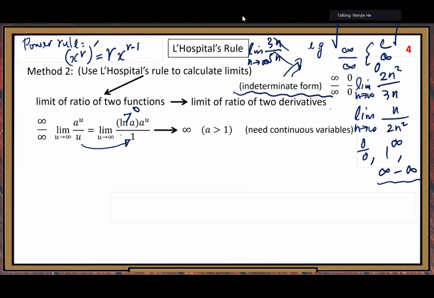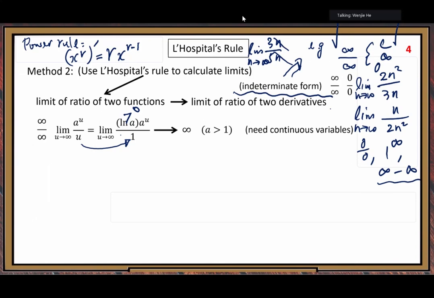Second, I talk about continuous variable. Let me explain one technical treatment we need to do. When we apply L'Hopital's rule, we need to be careful whether the derivatives could be taken legally.